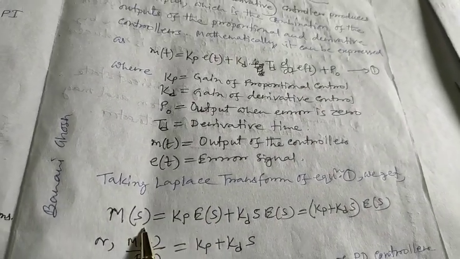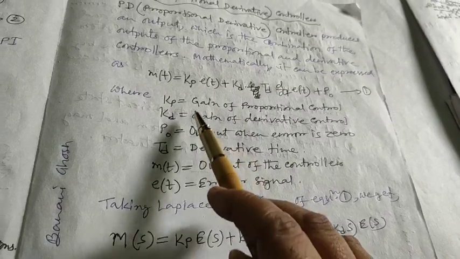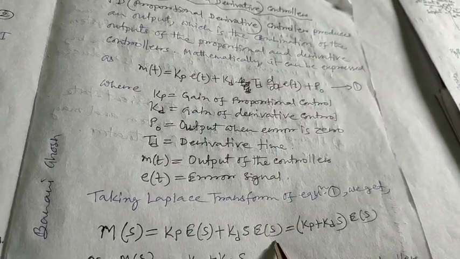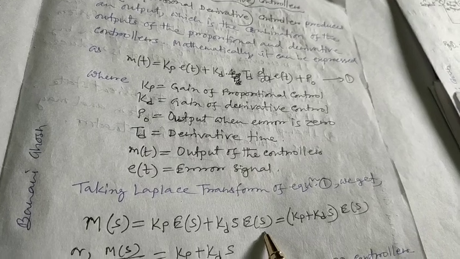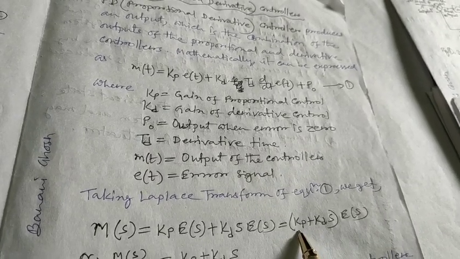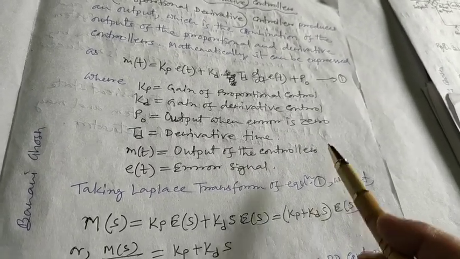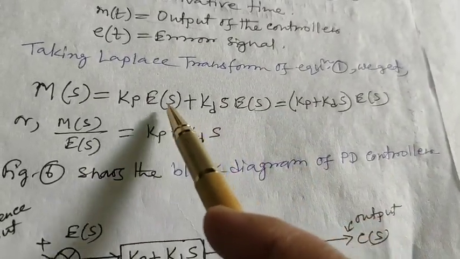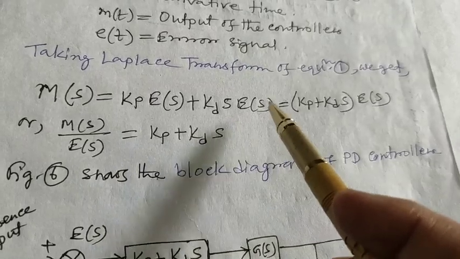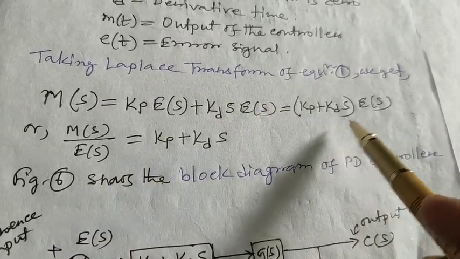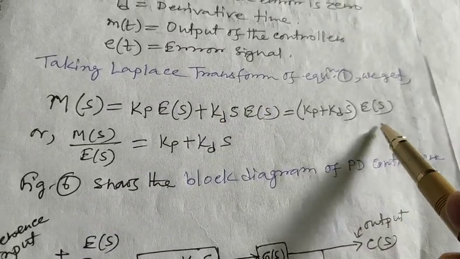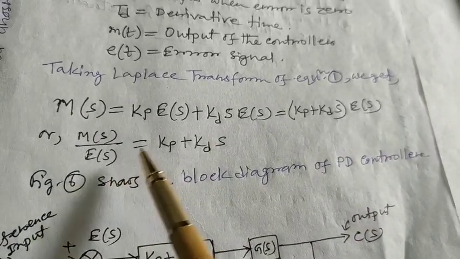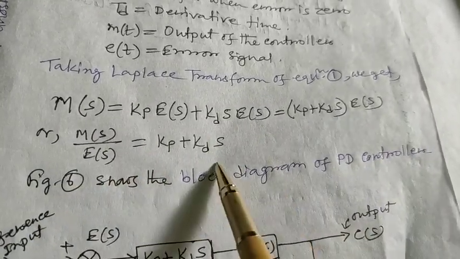We get M(s) equal to Kp E(s) plus Kd Td s E(s). Taking E(s) common, we get (Kp plus Kd s) whole into E(s). We can write M(s) by E(s) equal to Kp plus Kd s.